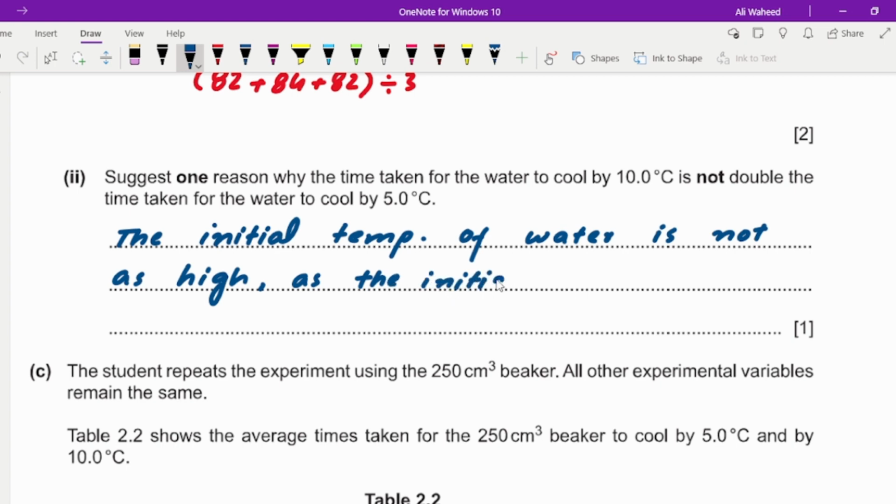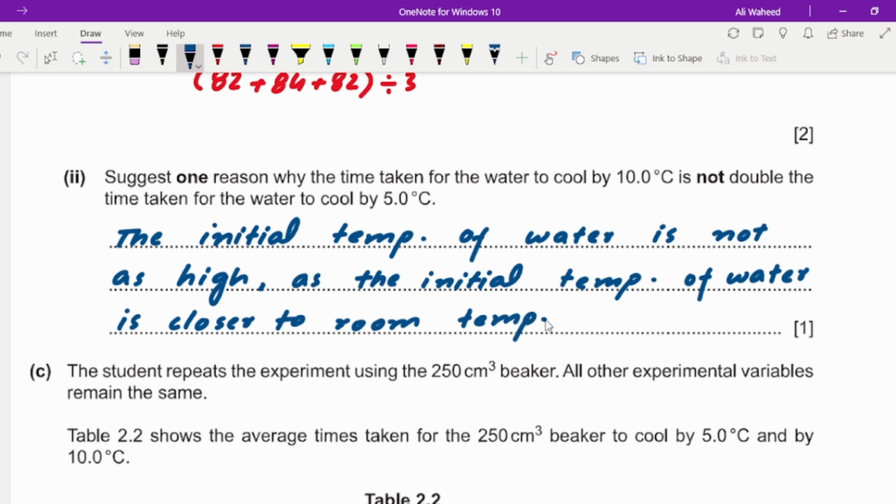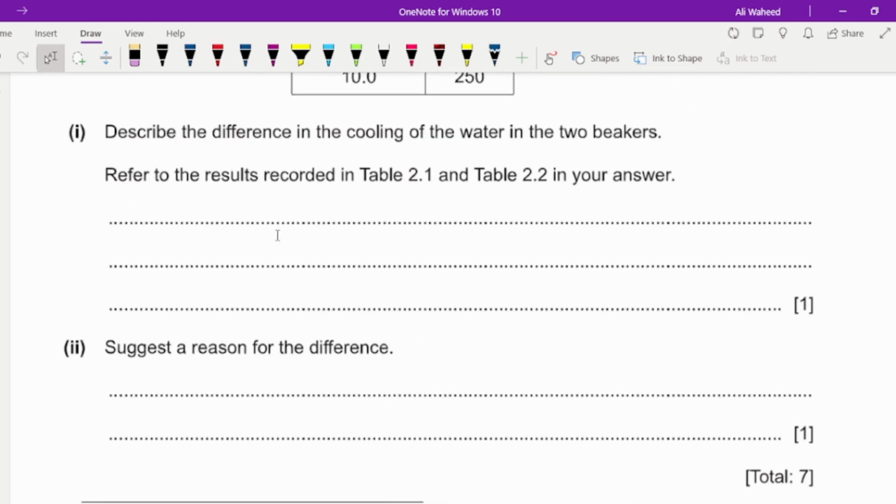You can write any one of these two sentences. I'm just writing the second one as an option: as the initial temperature of water is closer to room temperature, comparatively closer to room temperature compared to what it was at the start. Alright, anyway, moving on to the next one.